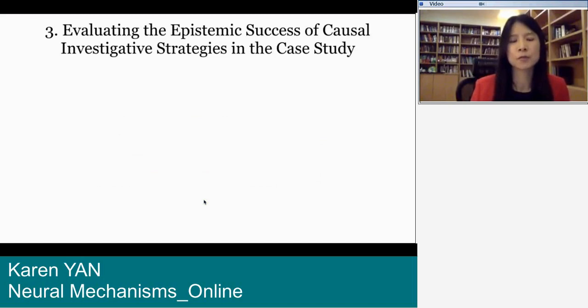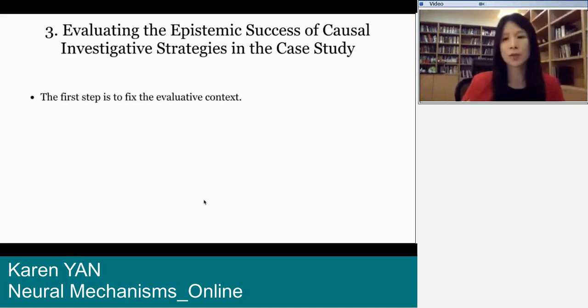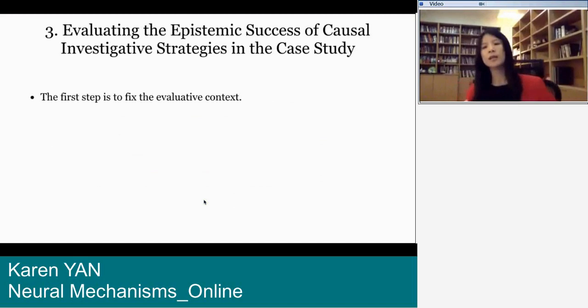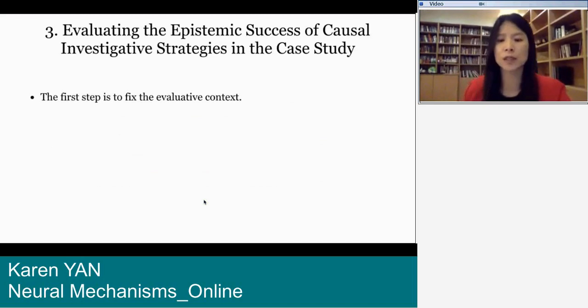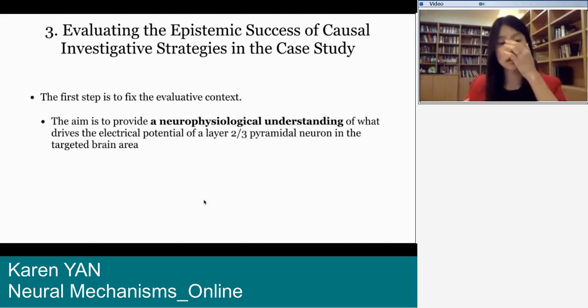So the first thing we need to do is, of course, now we acknowledge that it's important to get the context right in order to know what the relevant contextual factors are that we need to consider. So the first step is to fix the evaluative context. In my case study, the main aim is to provide a neurophysiological understanding of what drives electrical potential.